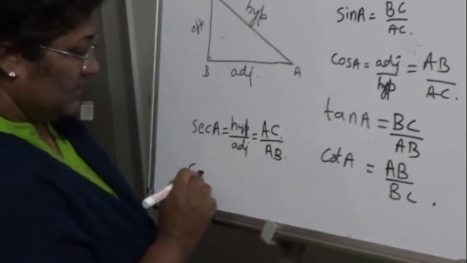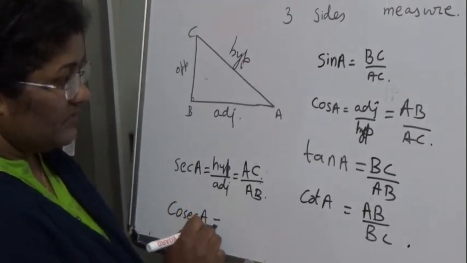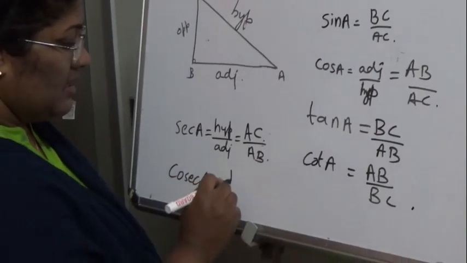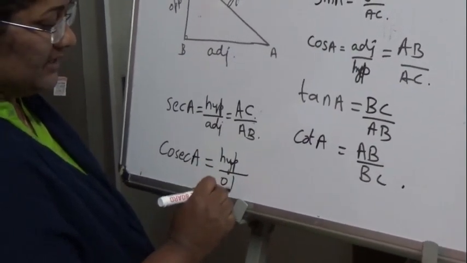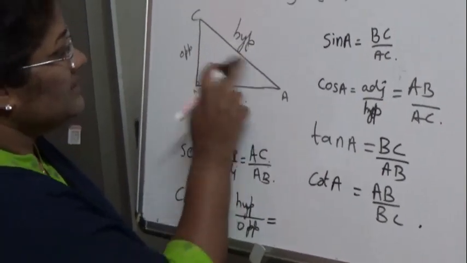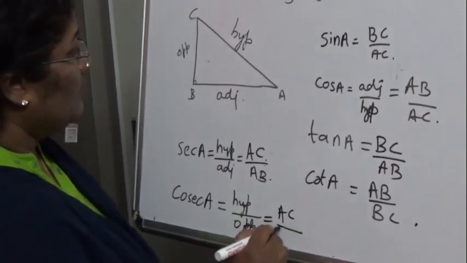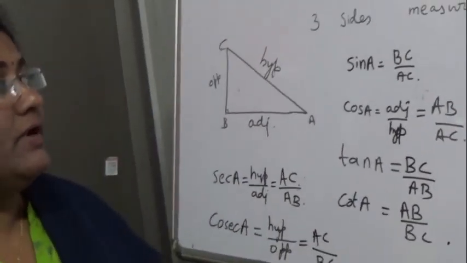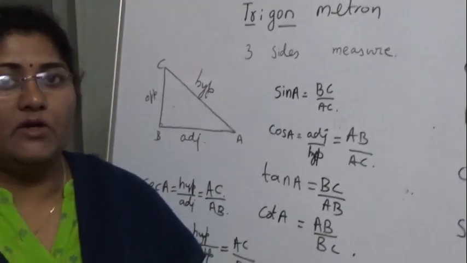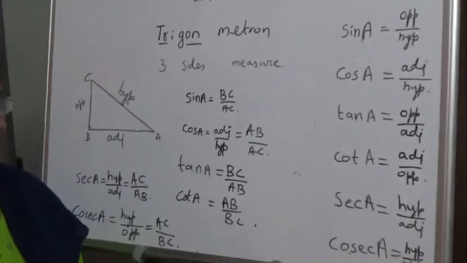And cosec A is hypotenuse by opposite side, that is AC by BC. Like this, we have to write the trigonometric ratios.